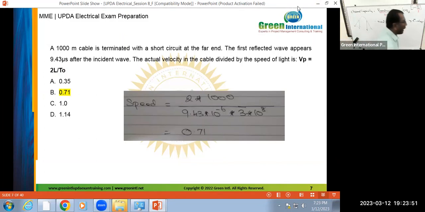And here we need to remember, I hope everyone has slide number 7. The 100-meter cable is terminated with a short circuit at the far end.